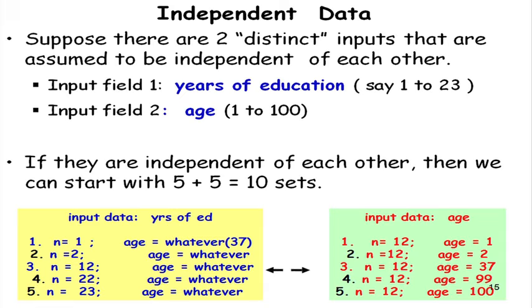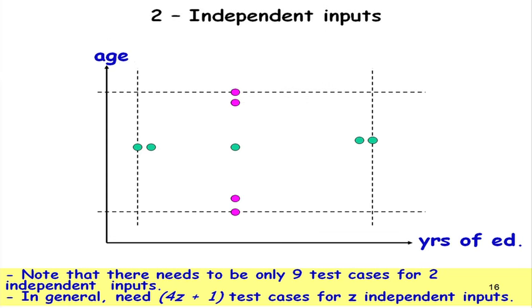And then we need one which is a representative of this, and we can select it such that it applies to both of these, and therefore, we would need 11 if we consider the representative of this equivalence class. And if we represent it pictorially, there are two boundaries for the variable years of education, and for age there are two boundaries.